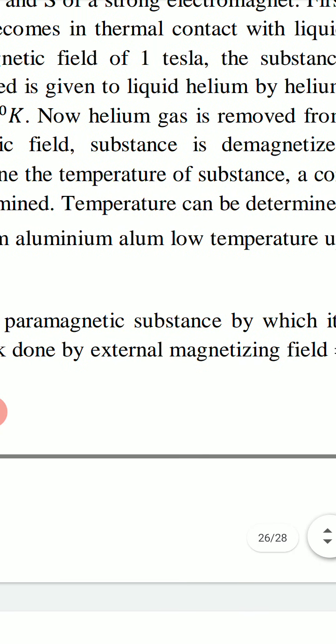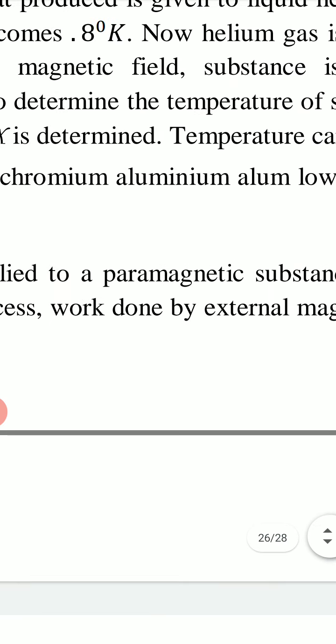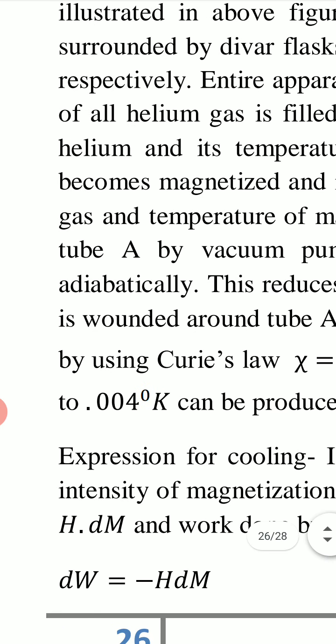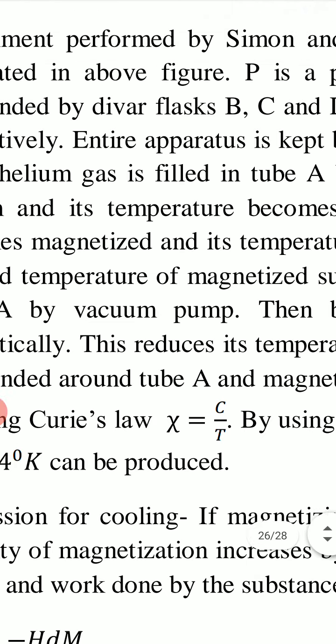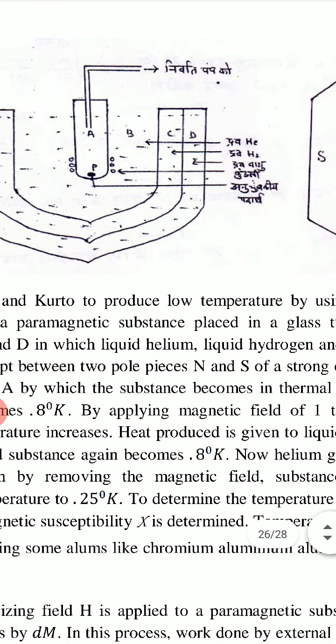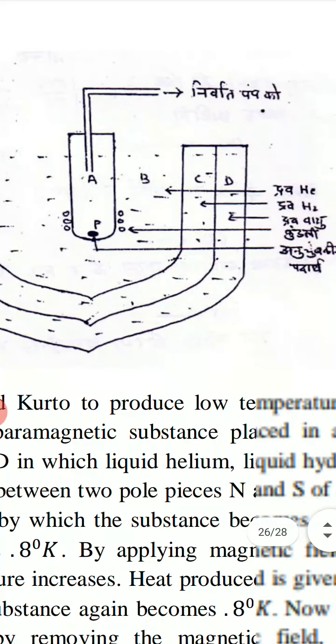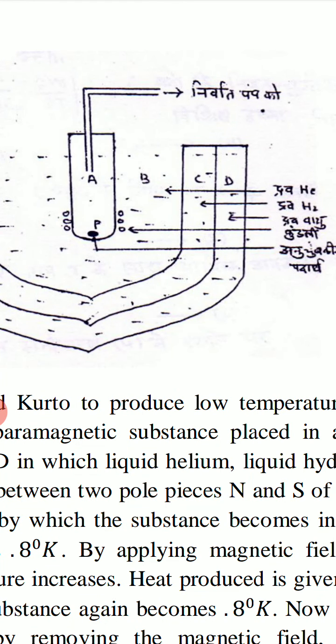Now helium gas is removed from the tube A by vacuum pump. This glass tube A is connected to a vacuum pump, and with this vacuum pump the helium gas is now removed from this tube A, and now this paramagnetic substance P is demagnetized.